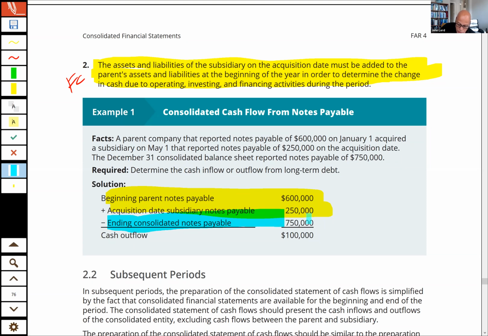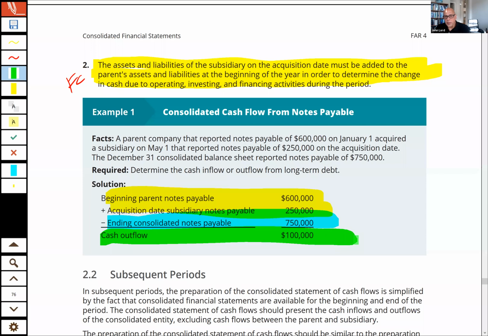So we would subtract whatever the consolidated notes payable is. That difference, since that balance went down, would be reported as a cash used, and this would be cash used for operating activity in this case, since I'm assuming this note payable was a short-term note.